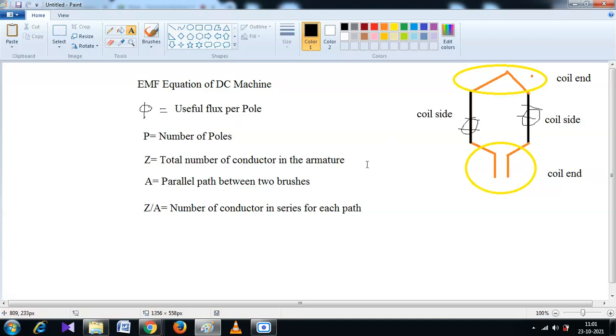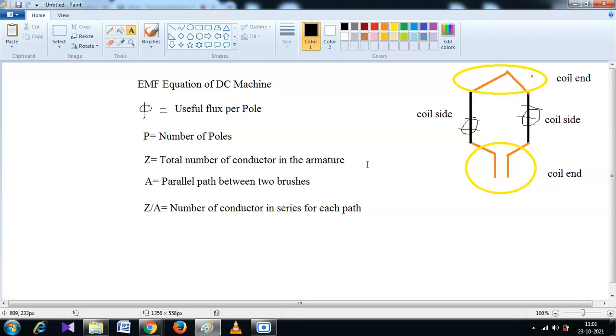Then tell me, if the number of conductors is 100, then how many conductors are in series in a path? 50. Good.